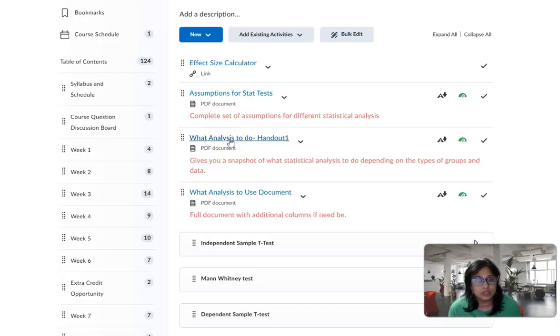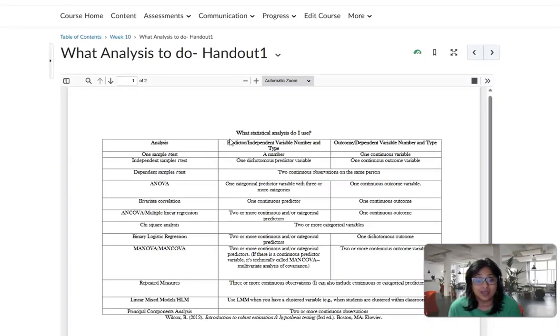Again, here is another one: what is the analysis you should do? So you do a one sample t-test if you just have a number and a continuous variable. So remember when we talked about nominal, ordinal, ratio, and interval data at the beginning. It's coming back over here, right? So once again, you probably will be doing one of these only.